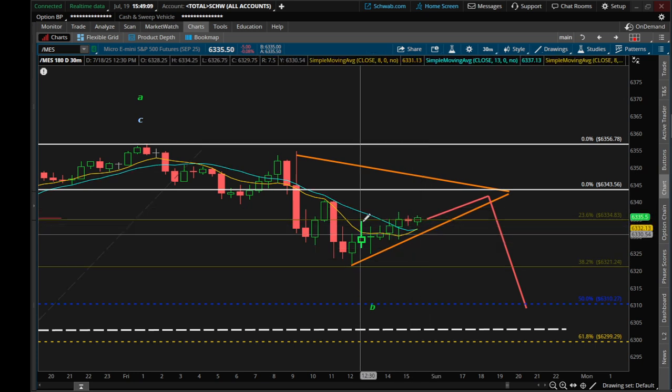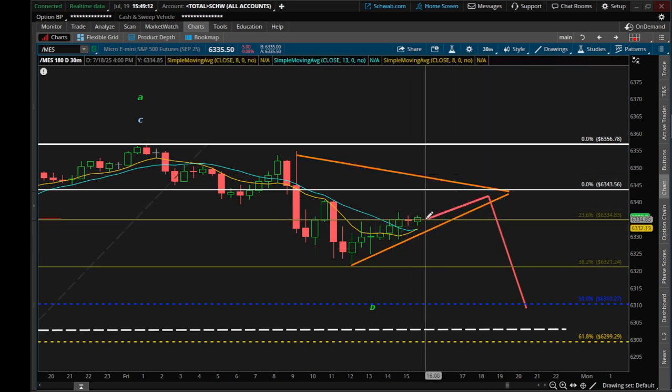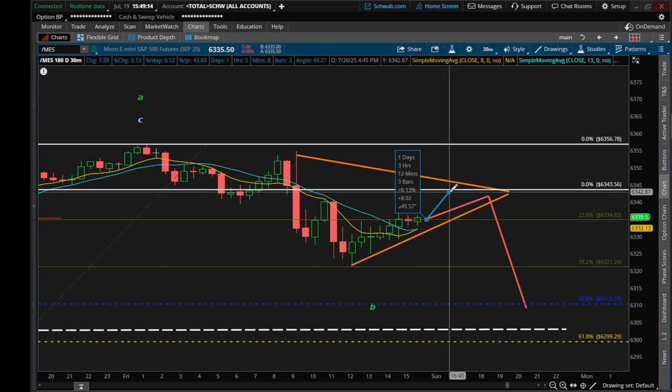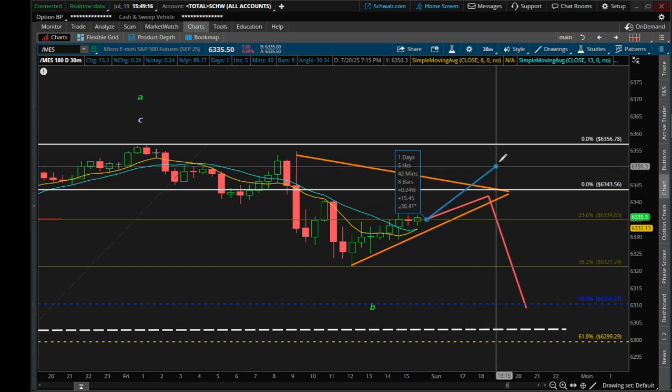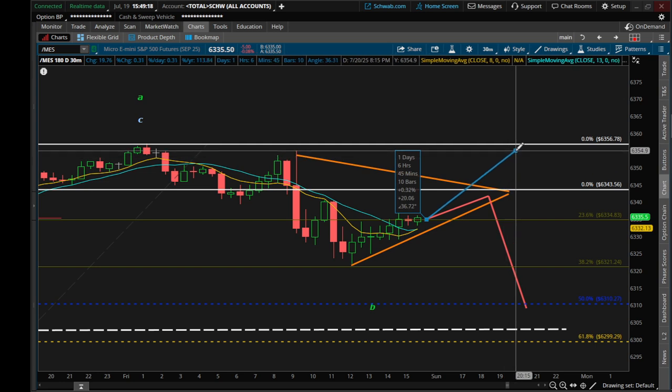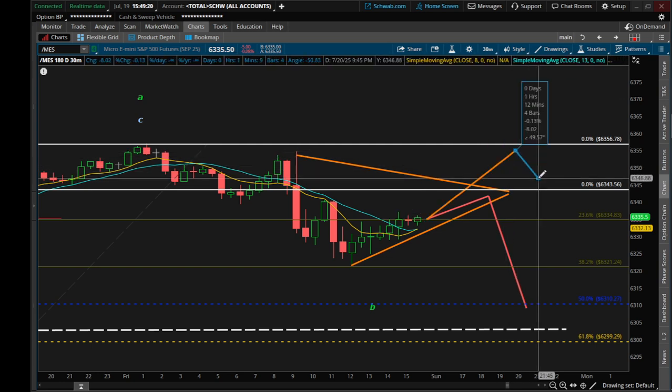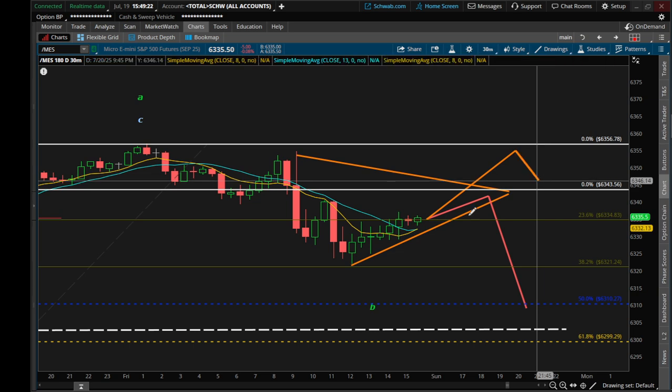And from here, the bull scenario would be continue higher highs and higher lows until it gets to here. Small pullback to test, correct that move.